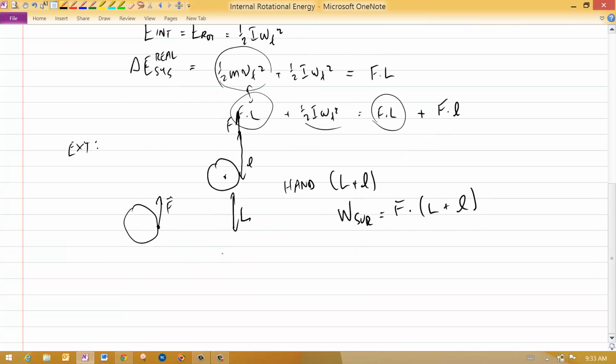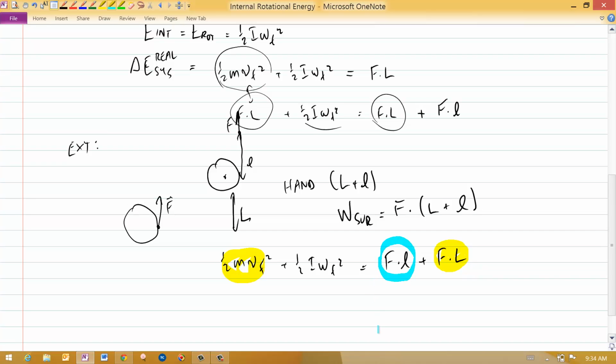So then I have 1/2 m v final squared plus 1/2 I omega final squared is equal to F times little l plus F times capital L. Now I do know from the point particle system that the force times capital L is equal to the translational energy, which means that if I saw how far the string was extended, I could tell you what the internal energy was.